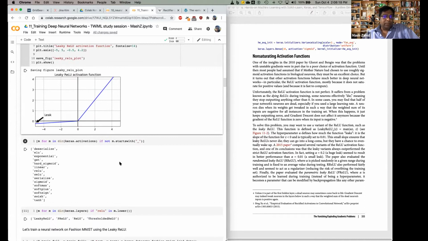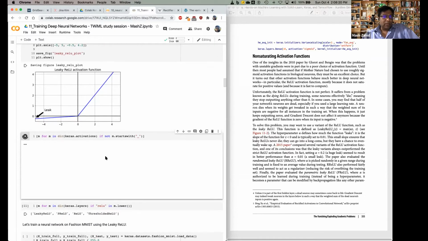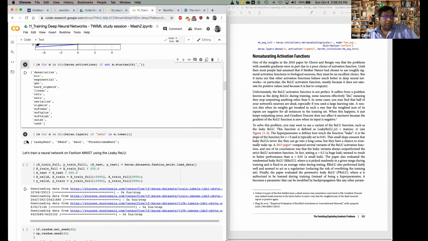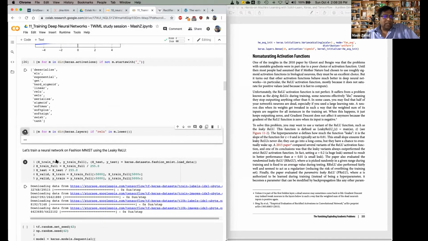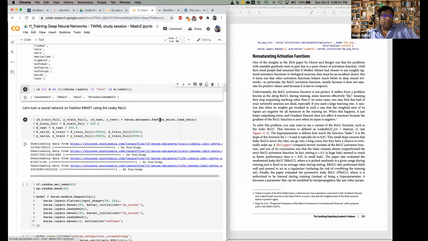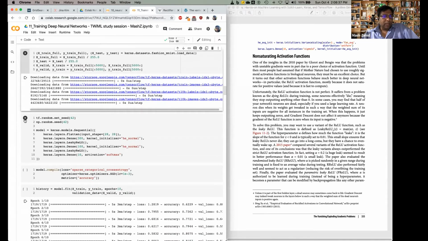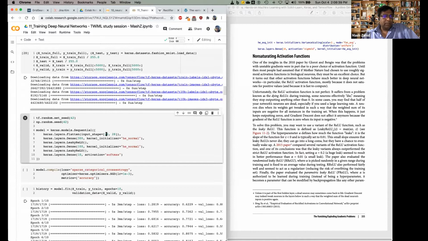Okay. So here is how you can use the different activation functions at this point. Of those activation functions, we're going to use Leaky ReLU and a few of these. So let's train the Fashion MNIST model using this Leaky ReLU. All right, set it off, download the data.